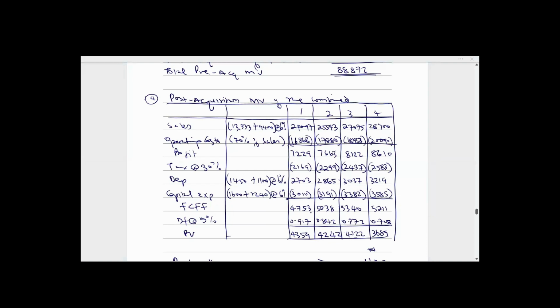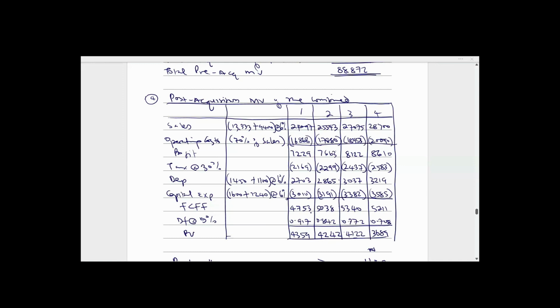Okay. So the problem is that the calculation is giving me 14271 and not 5211, under the free cash flow to the firm.